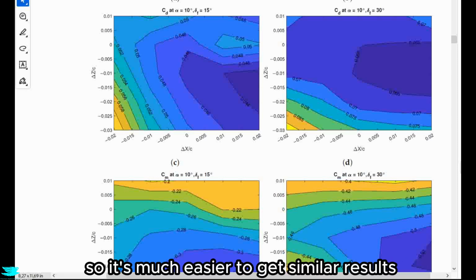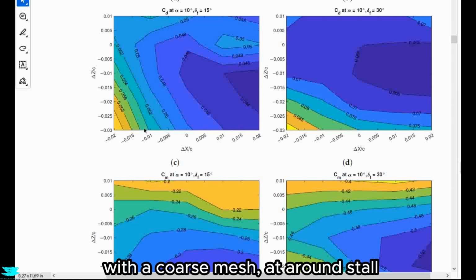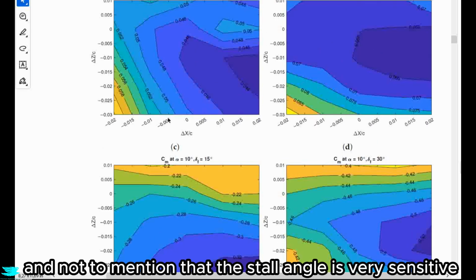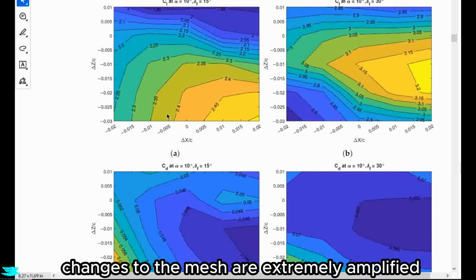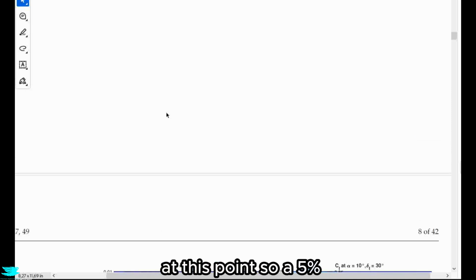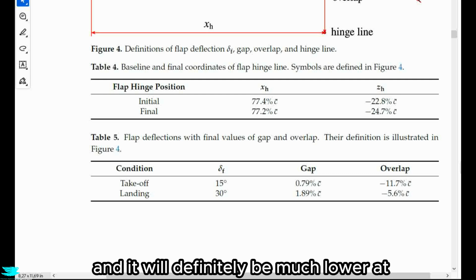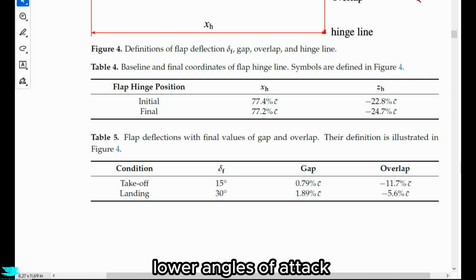So it's much easier to get similar results with a coarser mesh. At around stall, the flow is very unsteady, and not to mention that the stall angle is very sensitive too. So changes to the mesh are extremely amplified at this point. So 5% GCI is really good here, and it will definitely be much lower at low angle of attack.